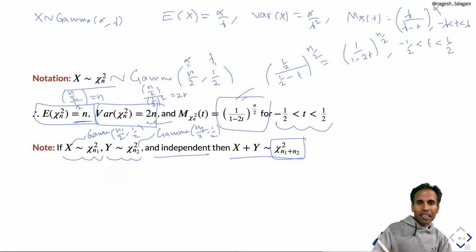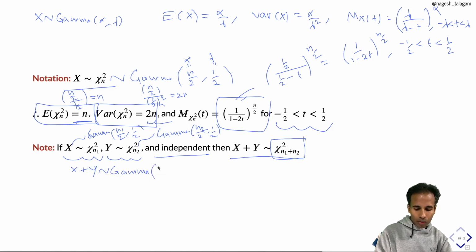As independent gamma random variables with the same rate parameter 1 by 2, x plus y again follows a gamma distribution with parameters n1 by 2 plus n2 by 2, that is n1 plus n2 by 2, comma rate parameter 1 by 2.